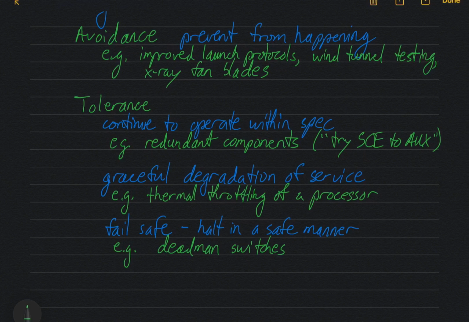If the operator had a heart attack or passed out or was somehow incapacitated, the train would lose power and slow down instead of continuing to throttle under full power with an incapacitated operator. Another example of that is riding mowers. They have a switch, an electrical switch under the seat, and if you're not sitting on the seat applying pressure on that switch, then either the blades will cut out or the whole engine will shut down.